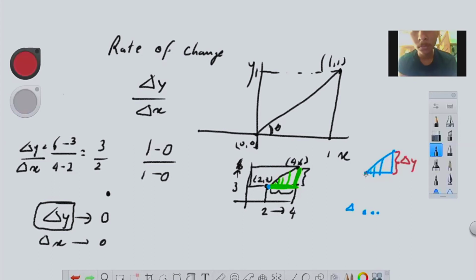So mathematicians thought, why don't we bring a new notation? There must be a separation if we denote a comprehensible change as delta y and an incomprehensible change.